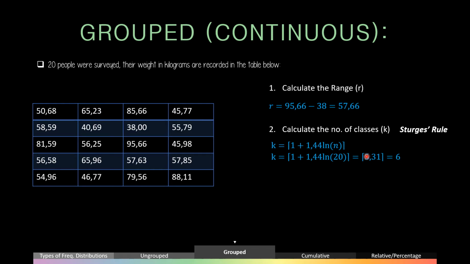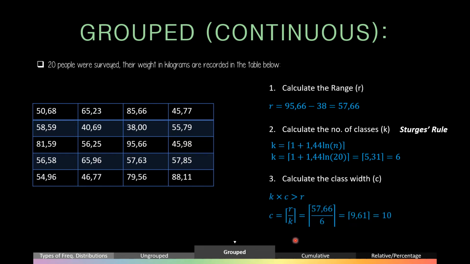And in our case, n is 20, which gives us a value of 5.31. Rounded up gives us a value of 6. Then we want to calculate our class width, and we're going to use the approximate formula where c is equal to the rounded up value of our range divided by our number of classes, which gives us a class width of 10.